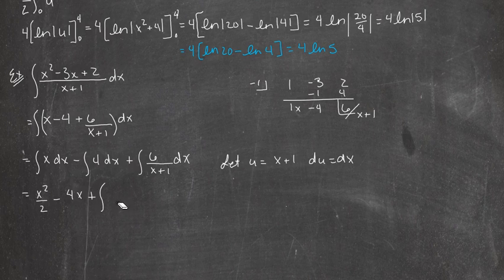Well, that's a constant multiple, so I can pull it out front. 6 times the antiderivative of 1 over u du. So I have x squared over 2 minus 4x plus 6 times the natural log of, what was my u, x plus 1, absolute value, plus c because it's not a definite integral.